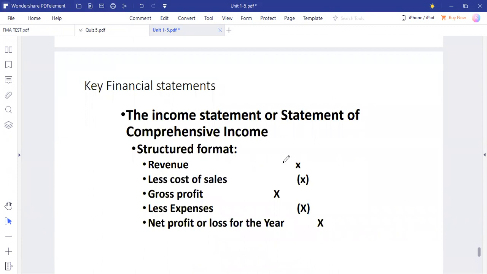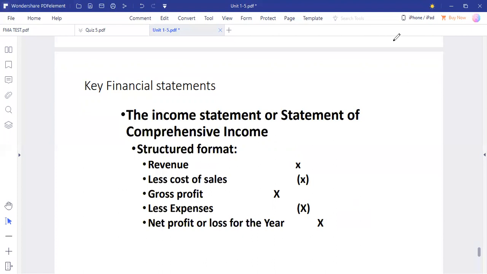We have our sales, we list sales returns, and what we're going to get is our total sales turnover. Then from the sales, when we list our cost of sales, we're going to get our gross profit. From the gross profit, when we subtract all the operating expenses, what we're going to get is the net profit for the year.